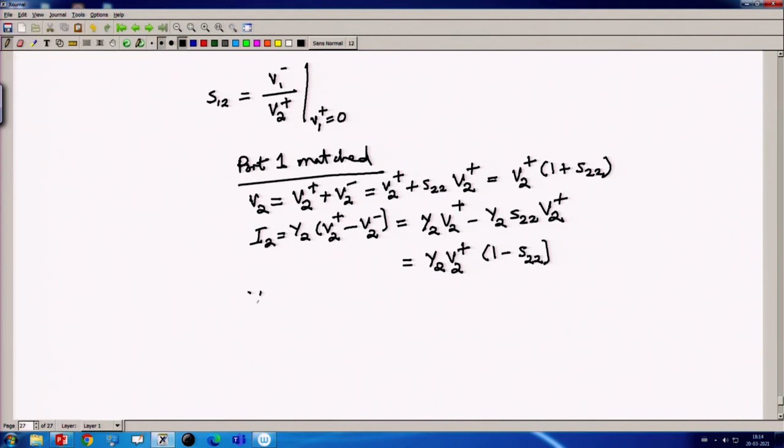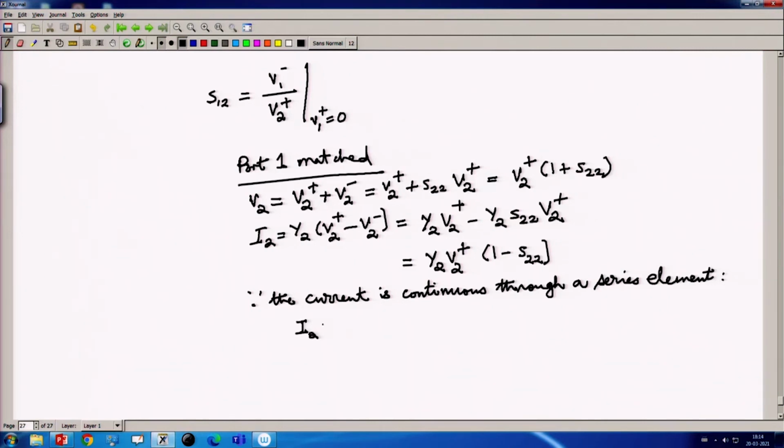Now, since the current is continuous through a series element, we have I2 equal to I1 minus I2.